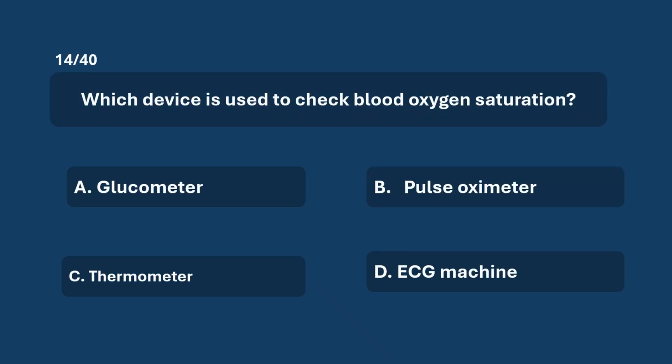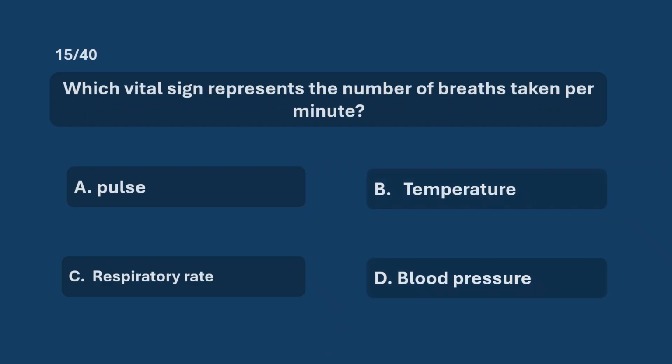Which device is used to check blood oxygen saturation? Which vital sign represents the number of breaths taken per minute?